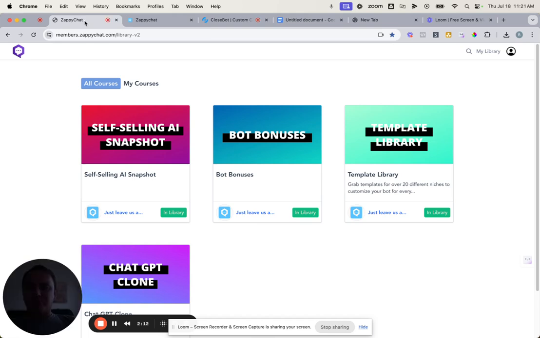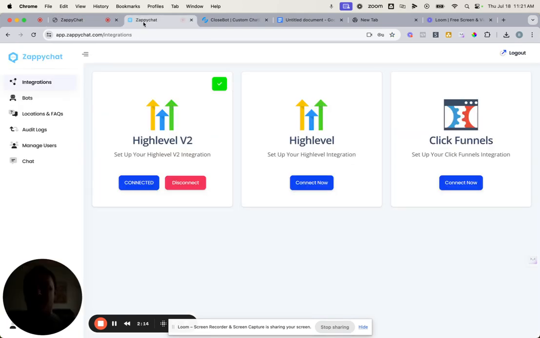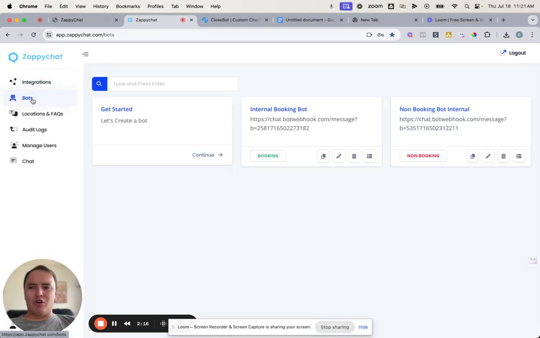But in terms of actually building a bot, I would say Closebot sort of takes it, because with ZappyChat you had to have a booking bot and then a non-booking bot, which to me was a little bit like, why couldn't I just use one?